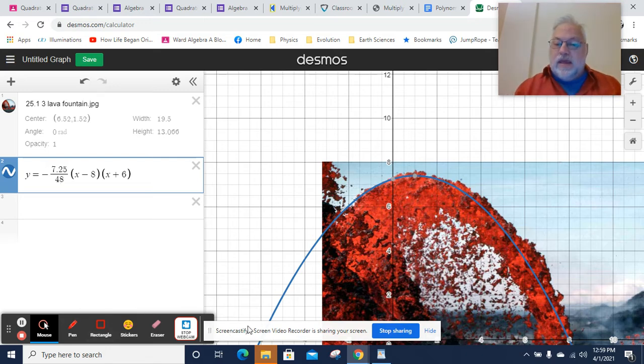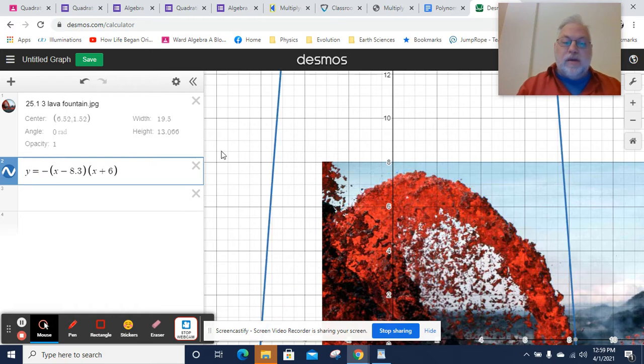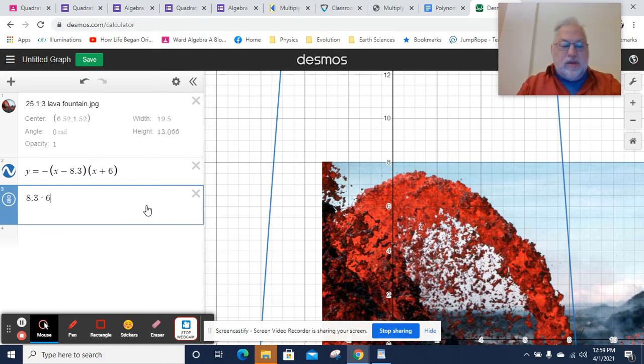It looks to me like maybe I need to move this y-intercept out just a little bit. So I'll make that maybe 8.2, 8.3 maybe. And then I'm going to probably have to adjust my multiplier a little bit. Now I have a new y-intercept that's 8.3 times 6, or negative 8.3 times 6 times negative 1.